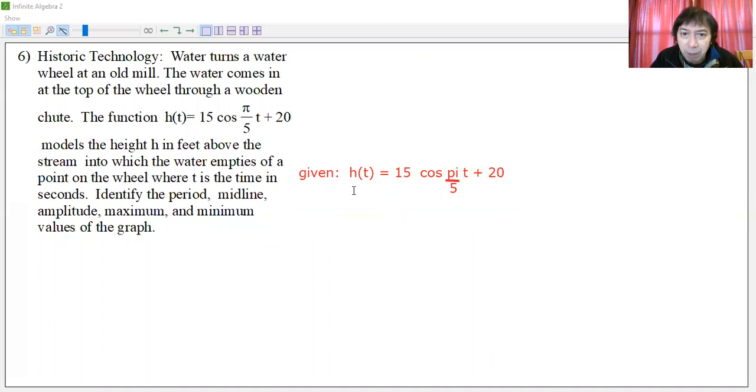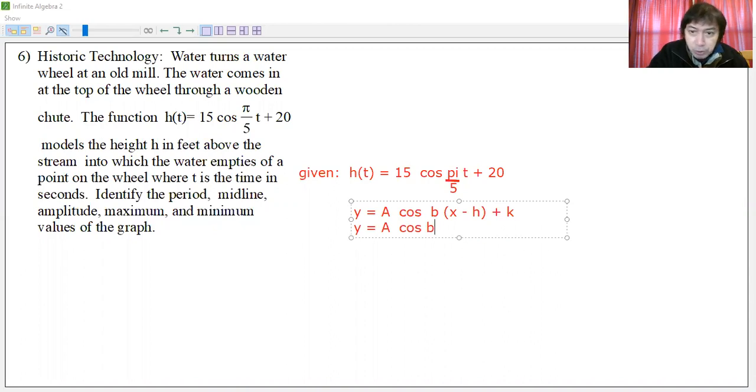Now comparing this to our x and y equation, y is equal to capital A for the amplitude, cosine small b x minus h. In this case, we don't have the horizontal h, so this will be reduced to something like y is equal to capital A cosine bx plus k. There. And so the variables x correspond to t. The k is for the 20, the b is for the pi over 5, the a is for the 15.